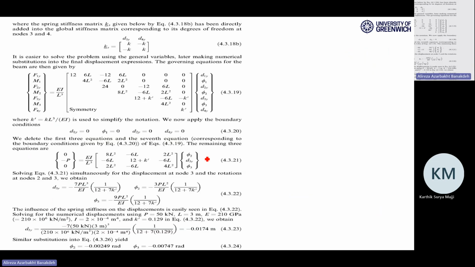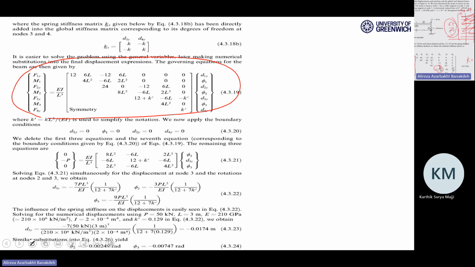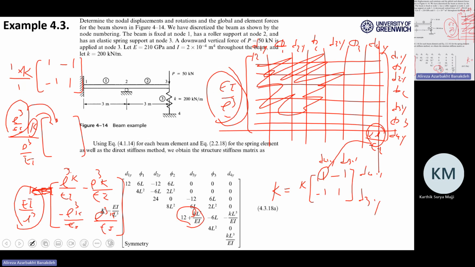So what we have done here is this is the whole matrix, and after elimination, how many should you eliminate? You need to eliminate 2 degrees of freedom here, 1 here, and 1 here.